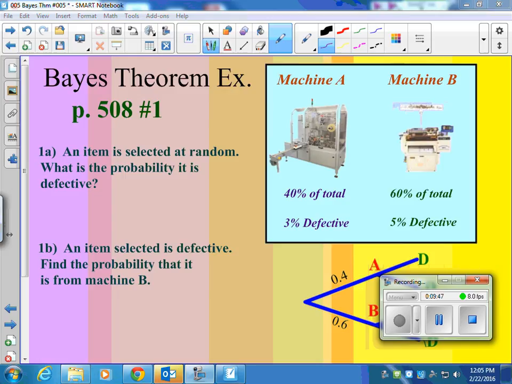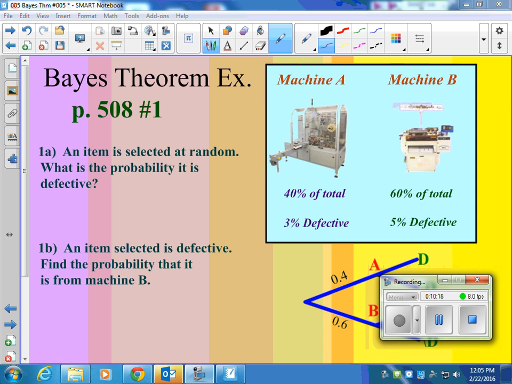All right, so we have two machines. They both produce Beanie Babies. One is an old machine, and 40% of all the Beanie Babies are made on this old machine. 3% are defective. It's awesome. But this new machine, 60% are made. They make them a lot faster, but 5% come out defective. So you have three things that we know about: what machine the Beanie Babies are made on, and then how each machine is defective.